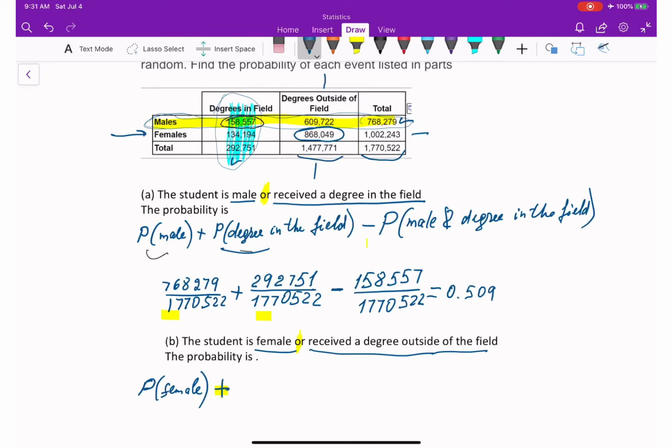That's going to be 1 million. Probability of degree outside. And minus the duplicate of female and degree outside.